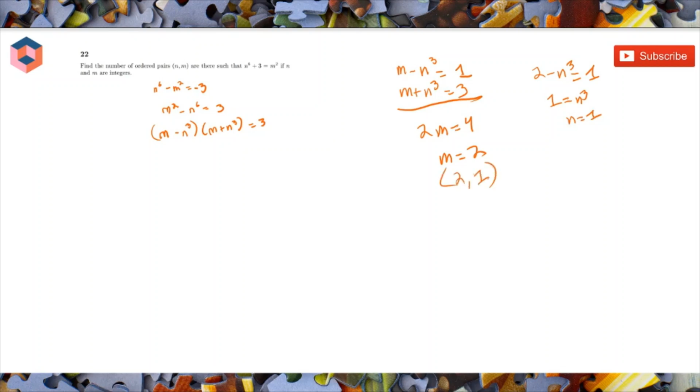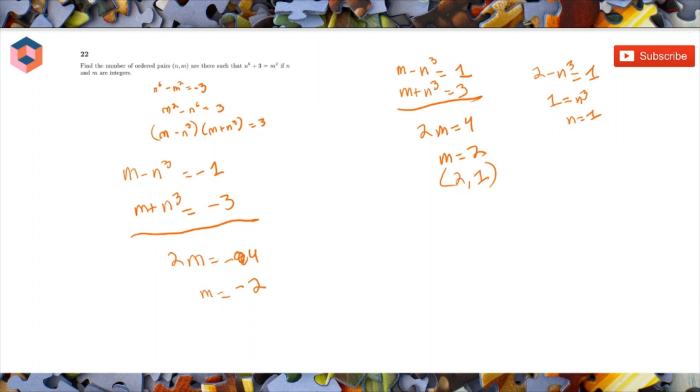Now what if m minus n cubed is equal to negative 1? Then m plus n cubed is equal to negative 3, right? Because negative 1 times negative 3 gives us 3. Now we can add these two up to get 2m equals negative 4. M is then equal to, dividing both sides by 2, negative 2.